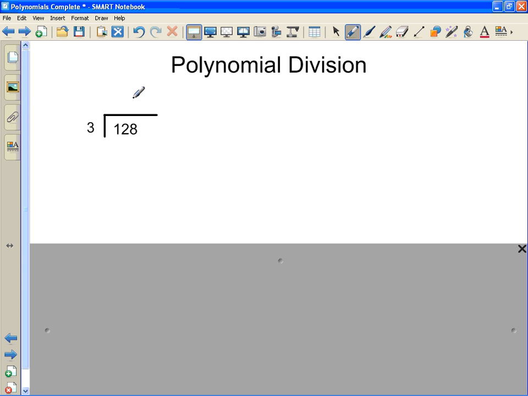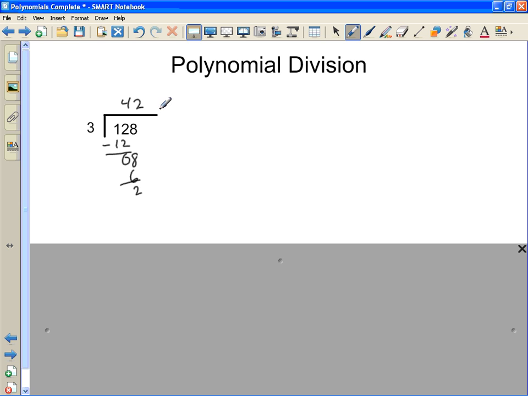Well, I know if I multiply 3 by 4, I can get the 12. And then I would subtract it away to get 0. And then you bring the next term down. I would multiply that by 2 and get 6. Okay, subtract that away, which leaves me with 2.